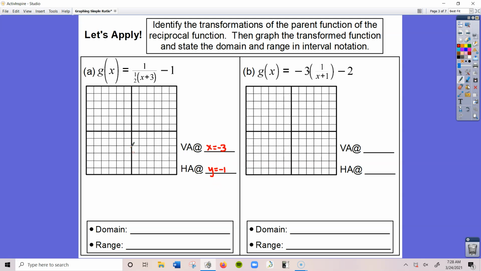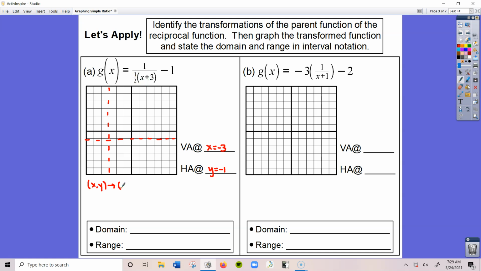I can put my asymptotes on the graph. So x is equal to -3 is right here. And then y is equal to -1. Now we're going to apply our rules of transformations. Anything in the denominator affects the x and is the opposite operation.